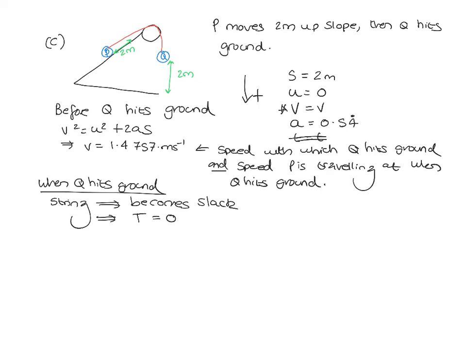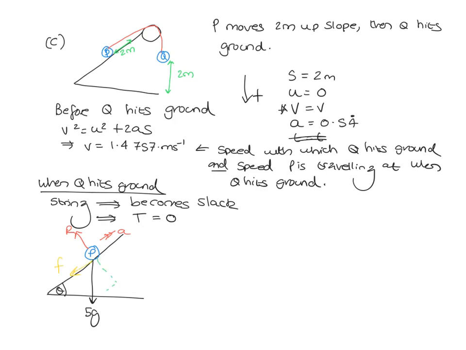Let's have a look at P. It still has its weight of 5g, still has a normal reaction force of R. There's no tension, but the particle is still moving up the slope. It's still got momentum. So friction must be acting down the slope.